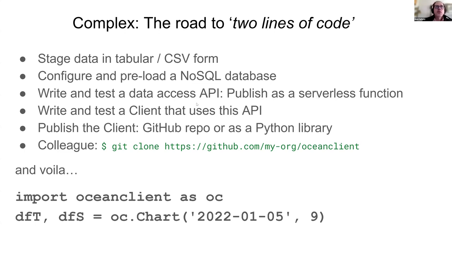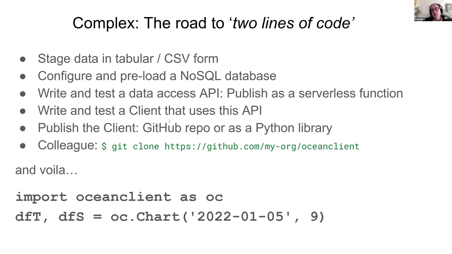Okay, so once that code is running on the cloud, that's an API. So then we can actually test that API by creating something called a client. And that client is able to go and ping that API that's running on the serverless function. And it will in turn pivot over to the database that we created, pull the data out, and send that back as a response to that query.